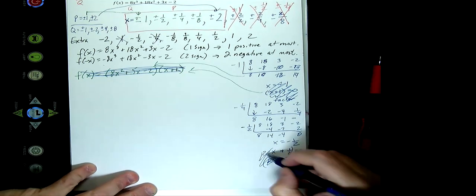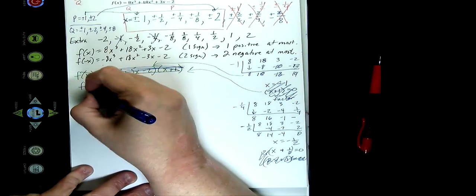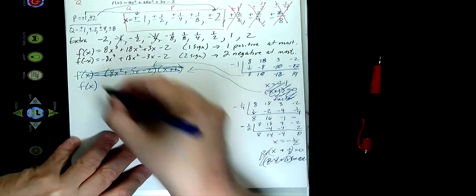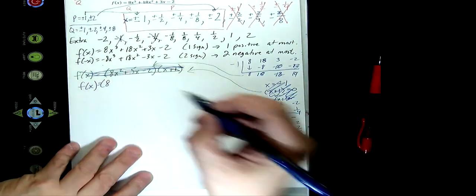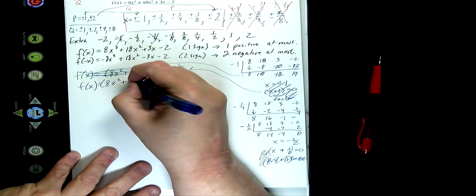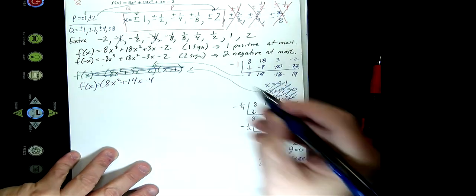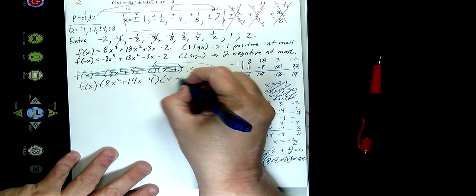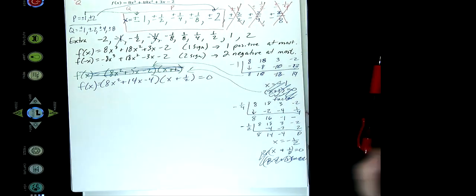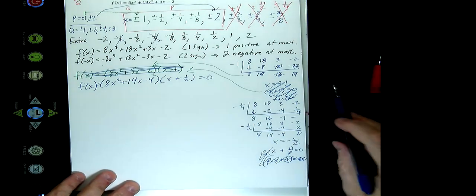Actually, I'll multiply through by 2 in a second. I've got this right here: 8x squared plus 14x minus 4 times x plus 1/2. This is where the 2 comes in. I'm going to factor a 2 out of this.